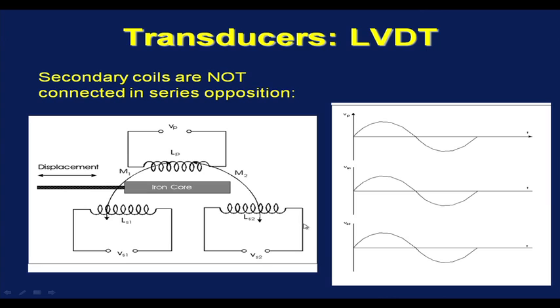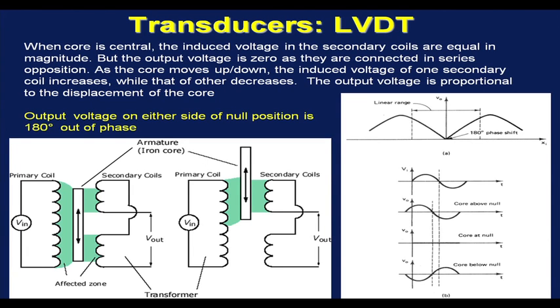Now, if they are connected in series opposition, since the magnitudes are equal and since they are connected in series opposition, the output voltage will be 0, as can be seen from here.